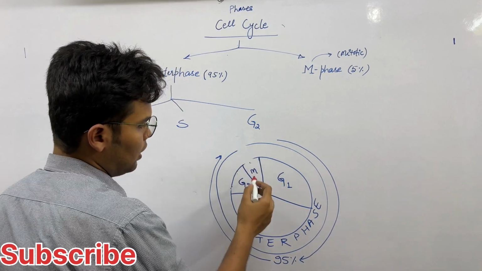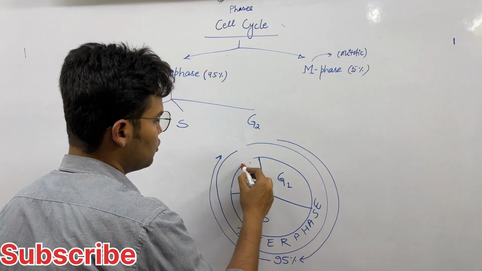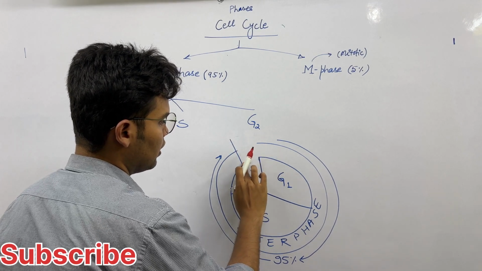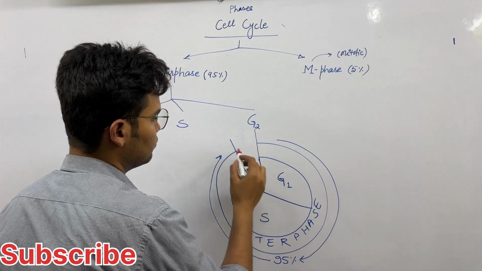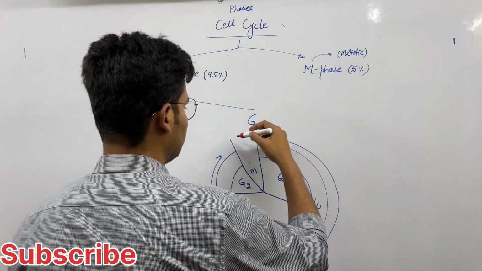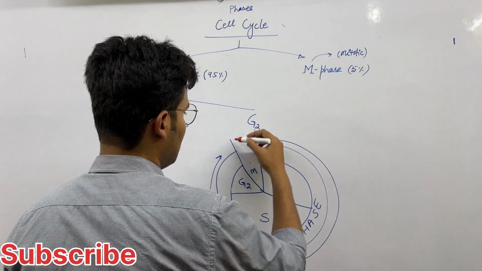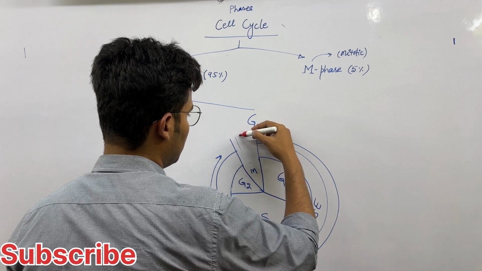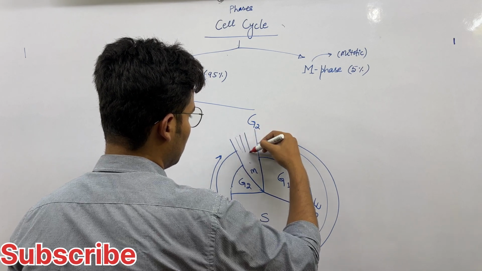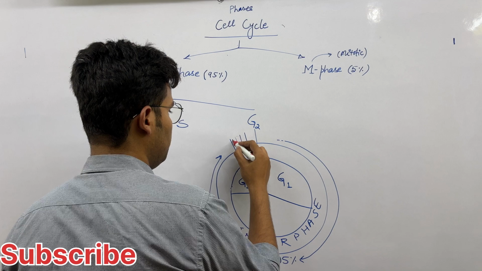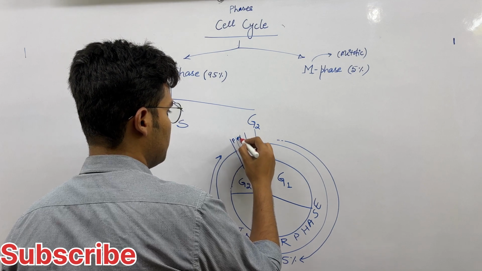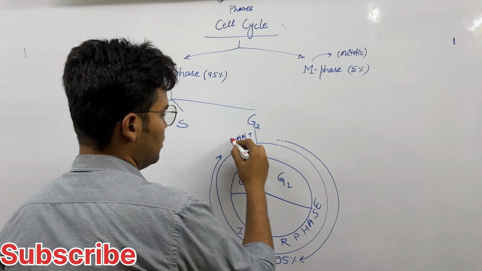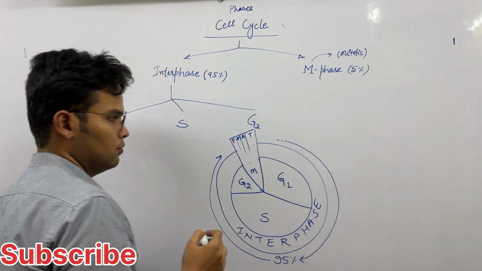Now this M phase is divided into its subparts, which I am going to represent in an abbreviated manner, that is P, M, A and T. PMAT.